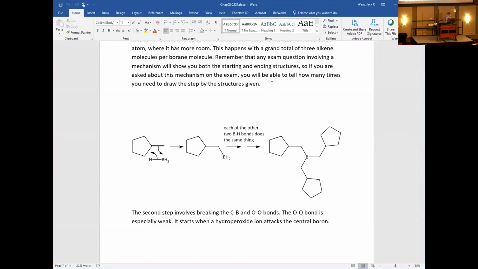If in the product you've added a boron-hydrogen bond once, then you'll show it happening once. If it's happened twice, then you'll see 2 alkyl groups attached to boron, and you'll show it twice. If 3 times, then you'll show it all 3 times. So you will know based on how the question's phrased what you need to put.